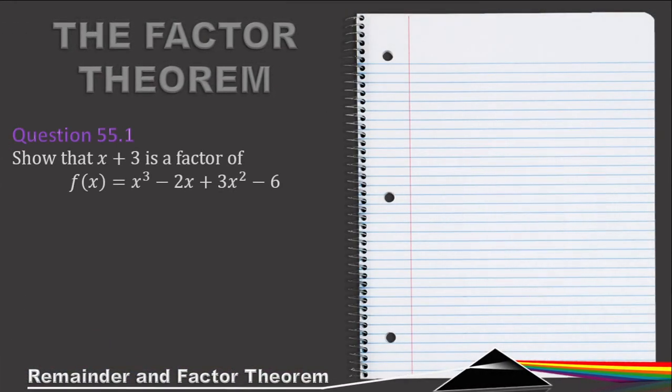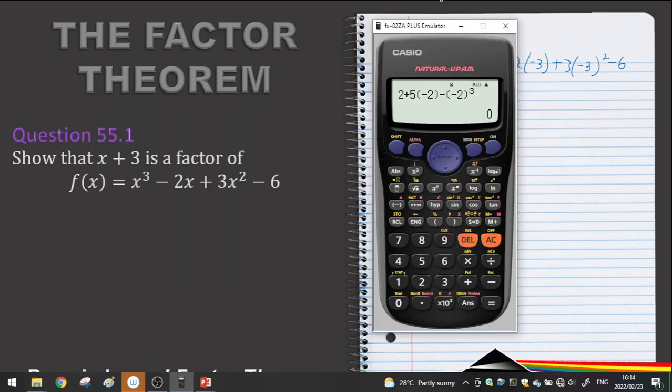Right. Next question, show that x plus 3 is a factor. So I'm basically just going to substitute in minus 3 and see what I get. So negative 3 cubed minus 2 times negative 3, plus 3 times negative 3 squared, minus 6. And we type that into the calculator.